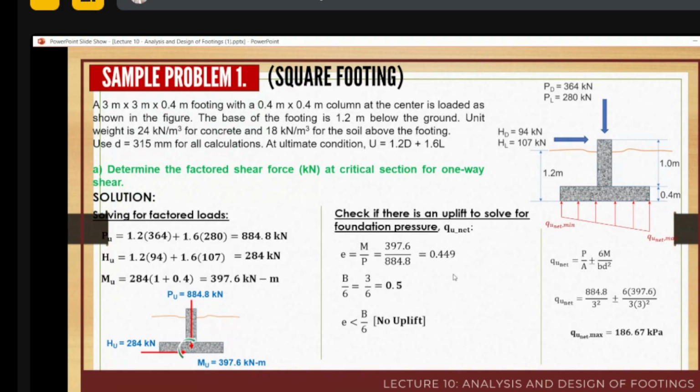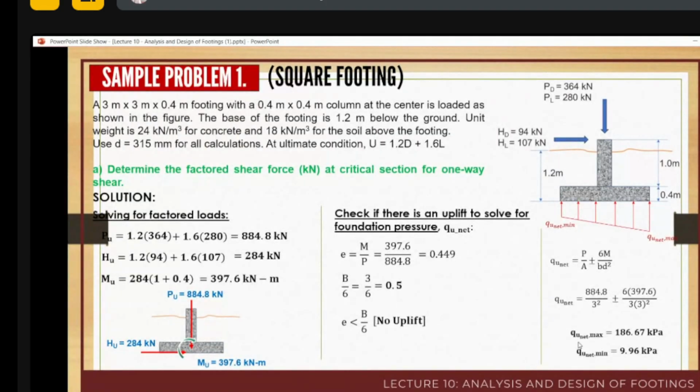For the moment, the result is 397.6 kilonewton meter divided by b, then the squared of the effective depth, which is given as 315, b squared, where this is the dimension of our footing. To solve for the q max, you use this plus sign. For the q min, you use this minus sign.